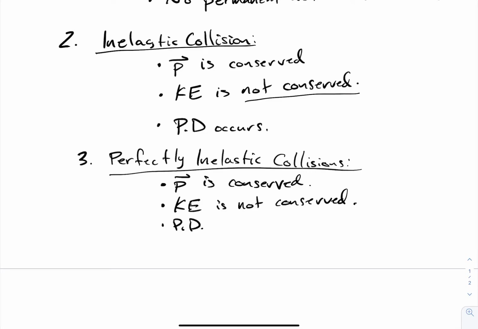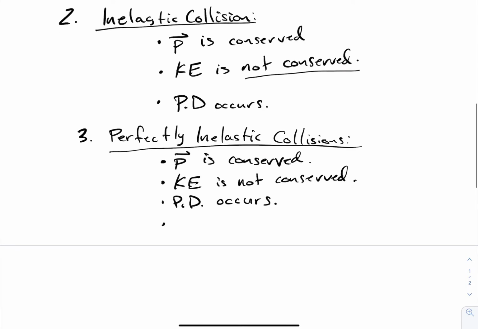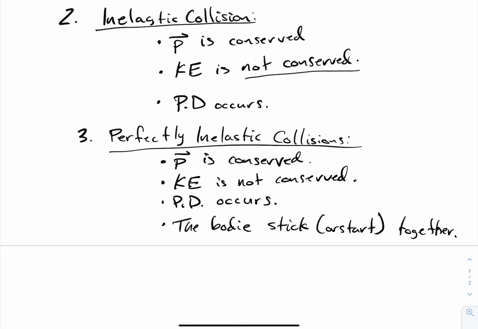Permanent deformation occurs, for sure. And lastly, in a perfectly inelastic collision, the bodies stick together. So that's the fourth special condition to create a perfectly inelastic collision. Otherwise, it's just an inelastic collision all the same.